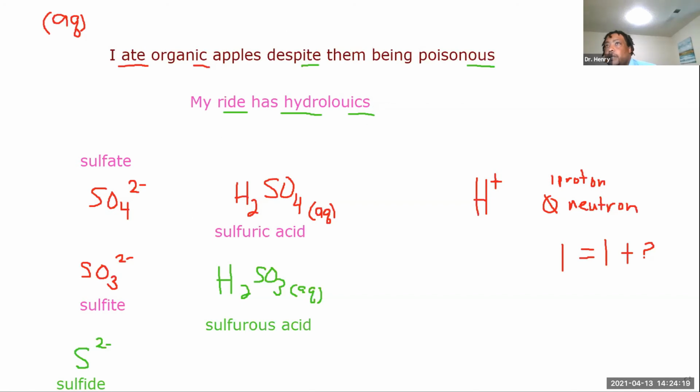So we call H2S (aq) hydrosulfuric acid. Okay, do you see that? Yes.